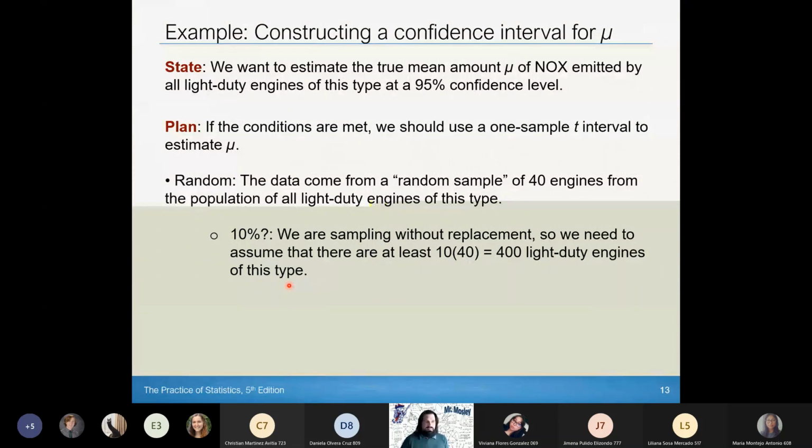We get to make that assumption primarily because they didn't give us the size of the population, so we can't actually check that it is 10% or less. And since we've been asked to find this interval, we're going to assume that we can. If we were provided the actual population size, we would do the math and check to make sure that the percent works out, and we need to show that.